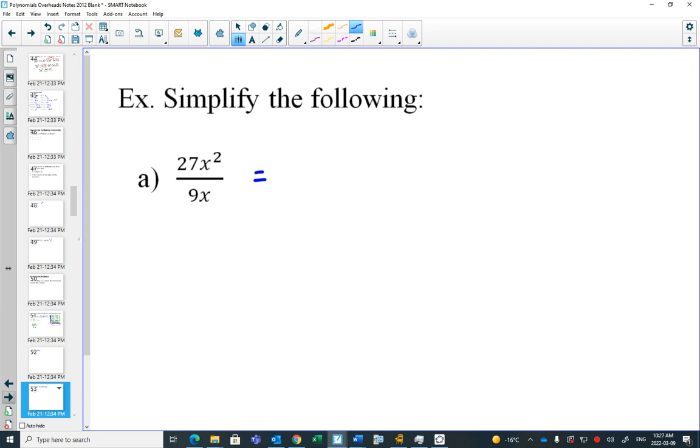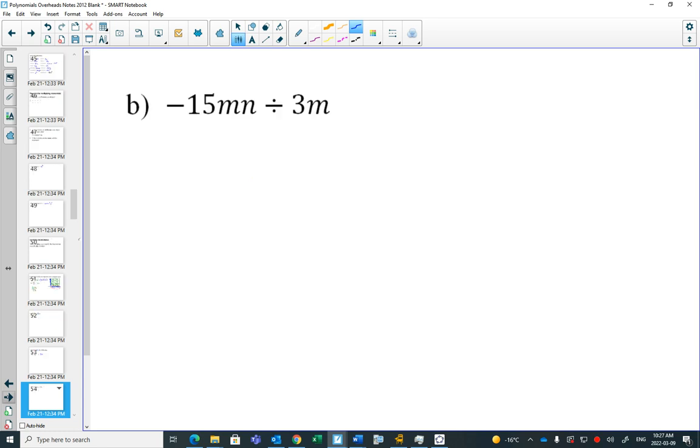Did you get 27 divided by 9 is 3. And x squared divided by x would just be an x. Sometimes the dividing is just written this way with the dividing sign.